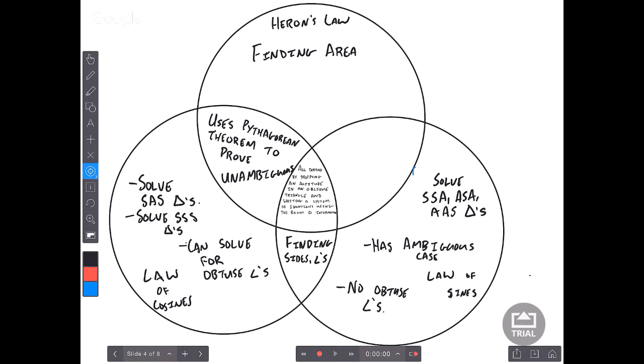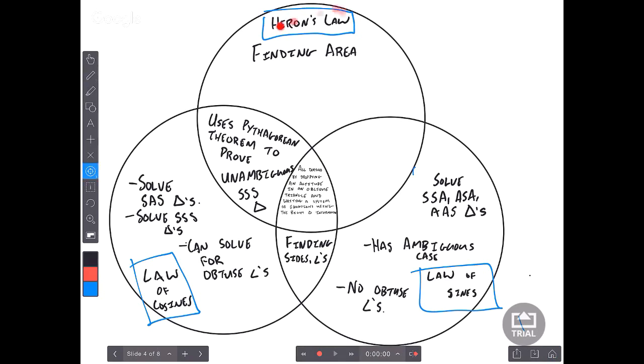Anyway, let's talk about this compare and contrast. Things that made all these different: Heron's law was for finding areas. We didn't need to add anything for SSS triangles. Here was Heron's law in this triangle, this was law of cosines in this triangle, and this was law of sines in this circle.